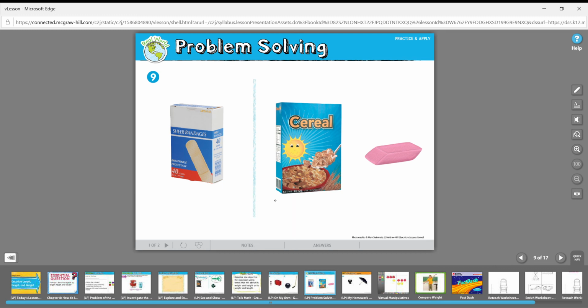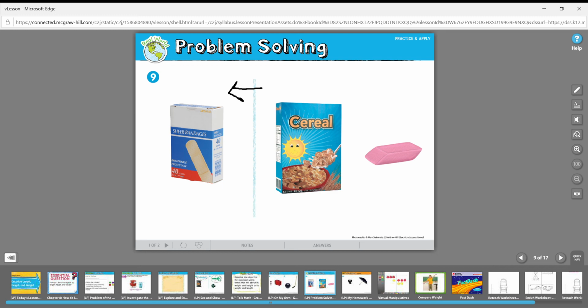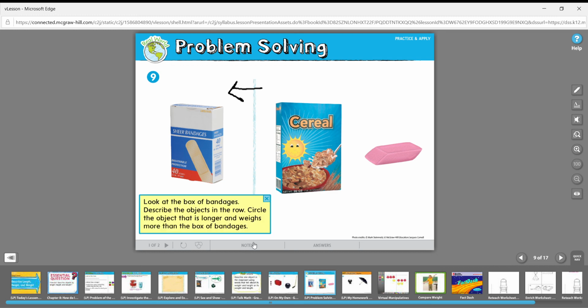So over here on this side of the line, you have one thing, the bandage box. Now you're comparing the cereal box and the eraser to the bandage box. And whichever one is longer than the Band-Aids and weighs more than the Band-Aids, you're going to circle the one that is longer and weighs more.